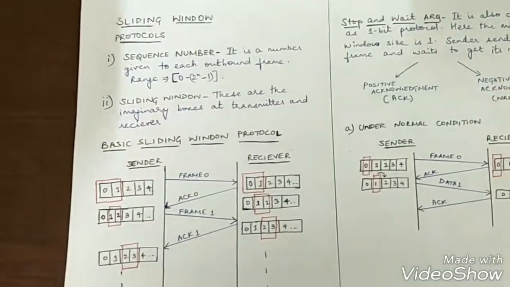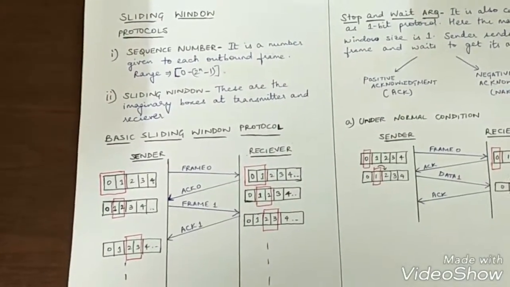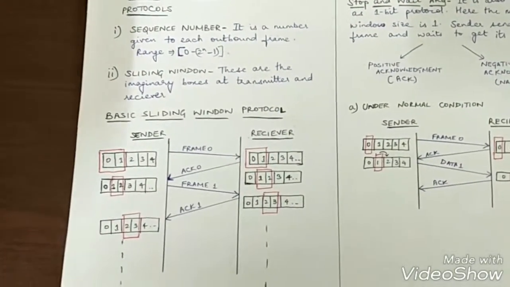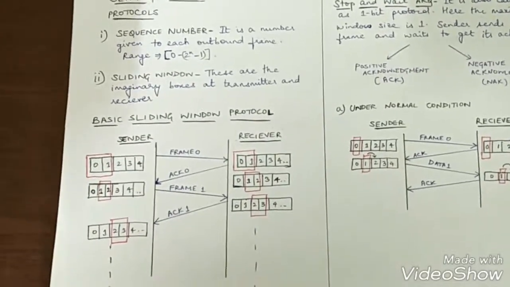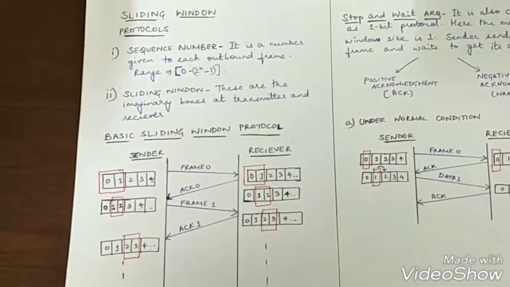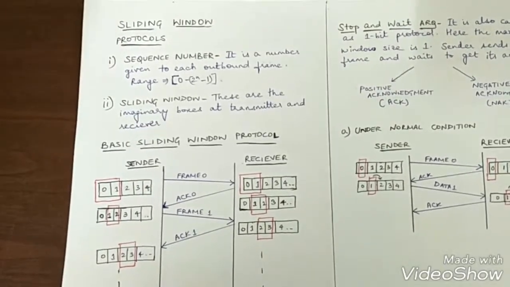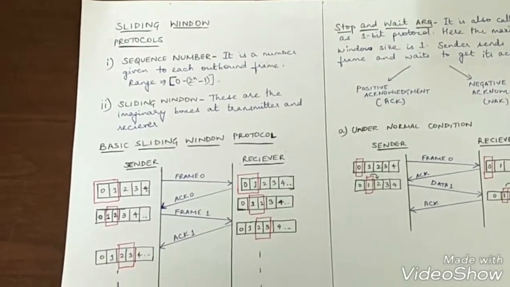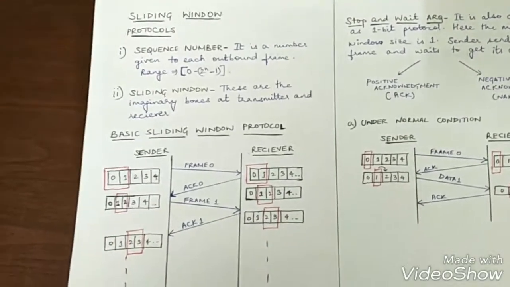So now let's say frame 0 is sent to the receiver and the receiver gives an acknowledgement to the sender. So as the sender gets the acknowledgement, the sliding window will shift right by 1 position at the sender's side. And as the other frame of data is received, the receiving sliding window will also shift right by 1.